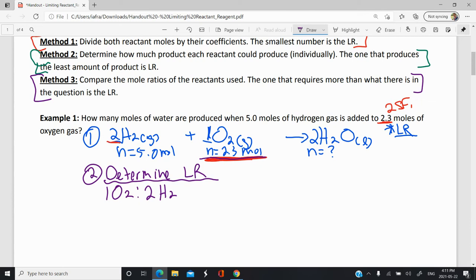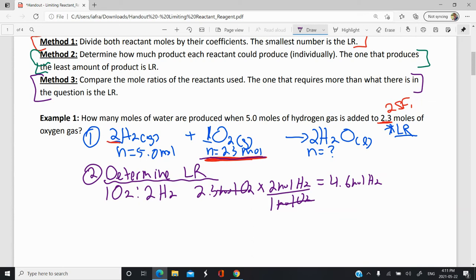In the question, I said I have 2.3 moles of O2. So if I want to find how much H2 should react with it, I can just do a mole ratio. I can just do my 2.3 moles of O2 multiplied by 2 moles of H2 for every 1 mole of O2. And so I can cancel out the moles of O2, and I get 4.6 moles of H2, which should react with the O2 that's there.